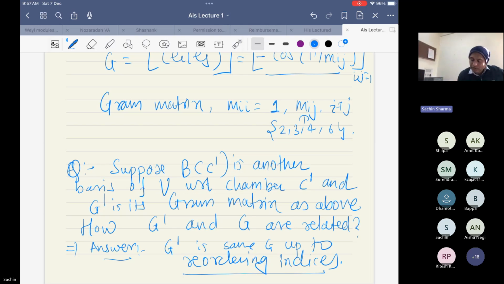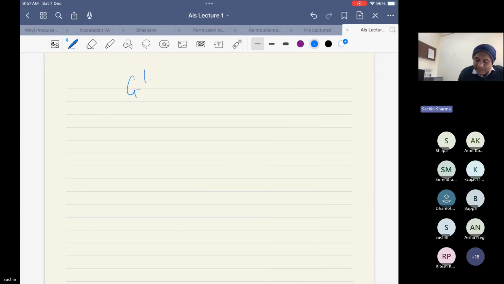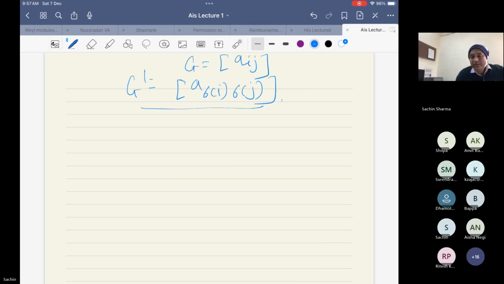Suppose your G is, let us say, Qij, then G dash is nothing but Q sigma i, sigma j. That is what is called up to permutation.